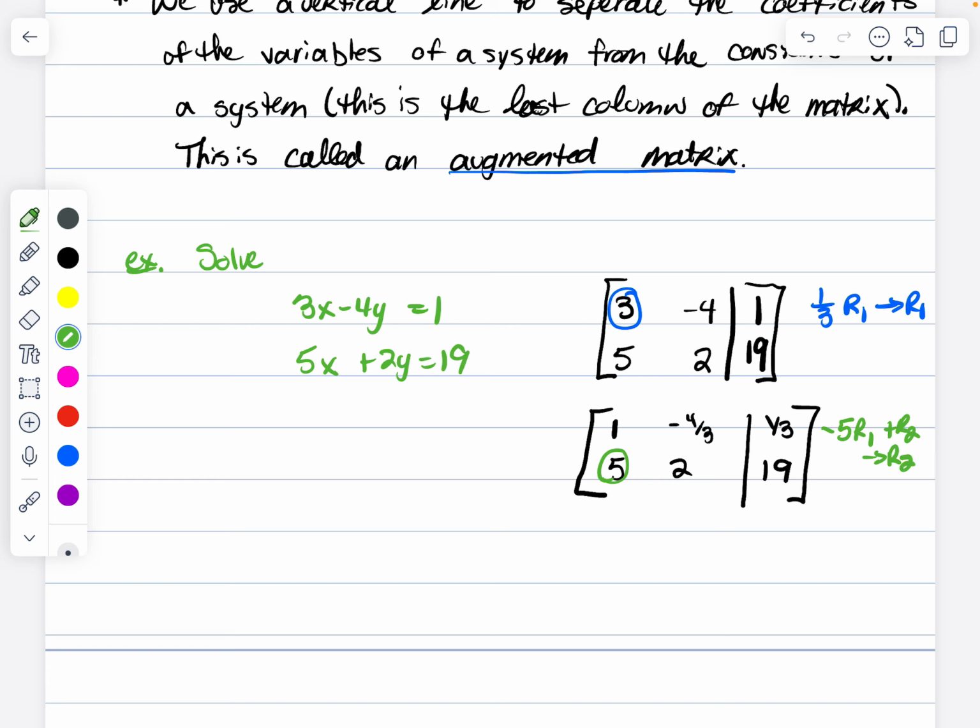The first equation will remain the same, but this second equation is what's going to change. Some people need to see this step, and you feel free to write it out. I typically don't, just because it becomes confusing. What we're saying is to multiply the top equation by -5.